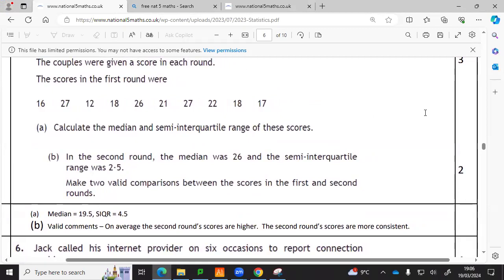They've not mentioned the median, it might throw you off, but you could say the second round's median is higher, or on average, the second round is higher, it works as well, because the median is a type of average. The second round scores are more consistent. Remember that semi-interquartile range shows the variability of it. So the higher the score, the more varied it is, the more spread out the scores were.